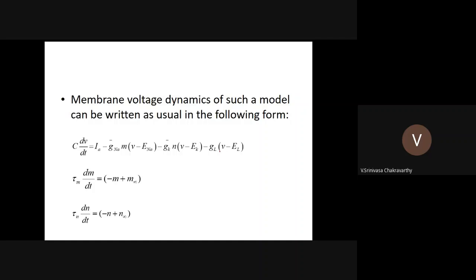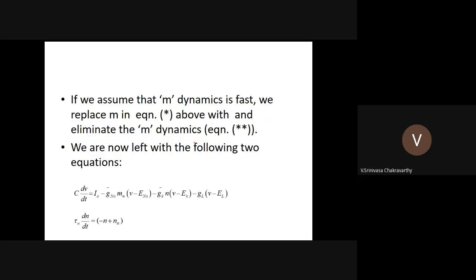Very simple structure of the equation. Then you have the m dynamics and the n dynamics, so three equations. Now let us again, like before, get rid of the m dynamics by assuming that it is a fast variable and tau is quite low. Then you are left with two equations, the V equation and the n equation.